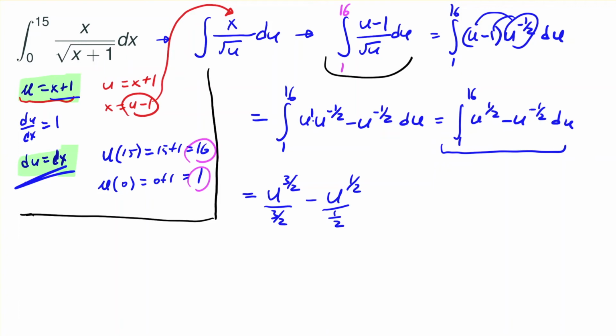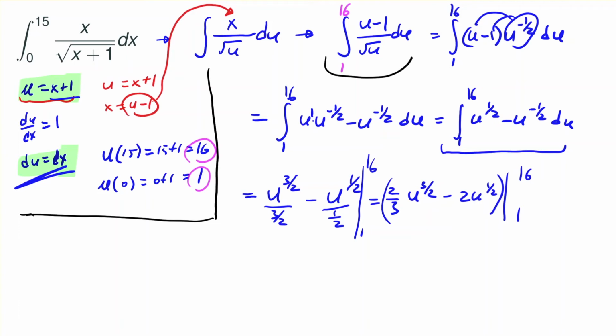We'll get a numeric answer. Dividing by 3 over 2 is the same thing as multiplying by the reciprocal. So we'll get 2 over 3, u to the 3 over 2. Oh, I forgot, let me write this here, 1 to 16. Minus 2 times u to the half power. Evaluate from 1 to 16 of this entire thing.